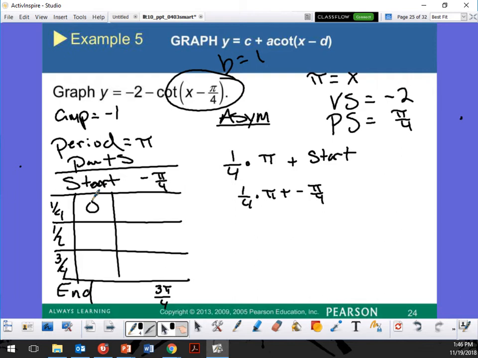Okay, so now the next one has to be what? What's under 1 over 4? 1/2. So what am I writing? 1/2 times pi plus negative pi over 4.